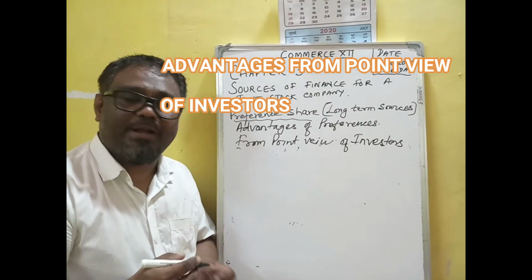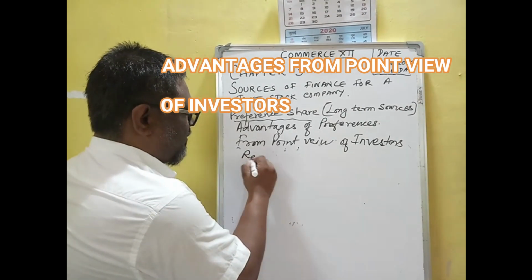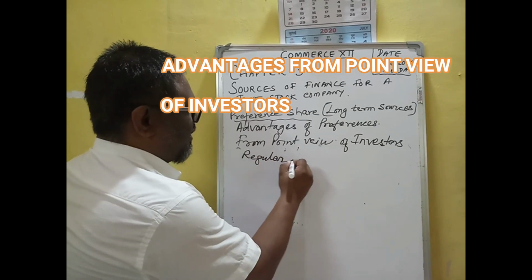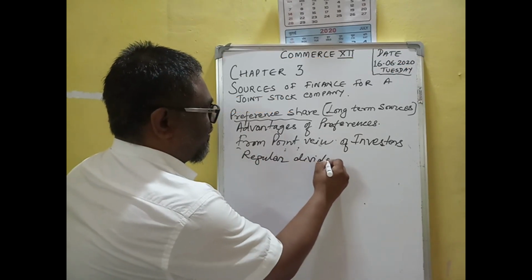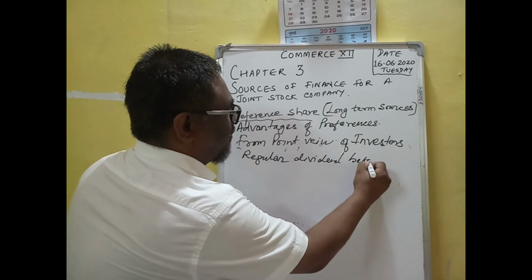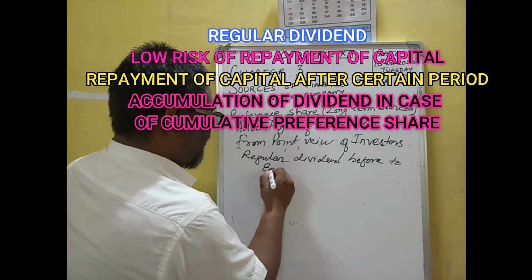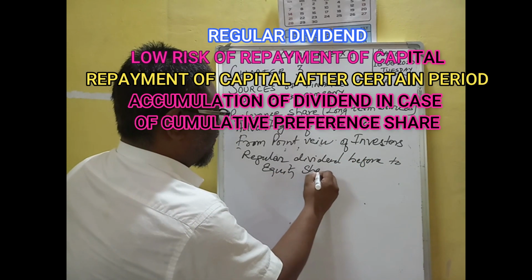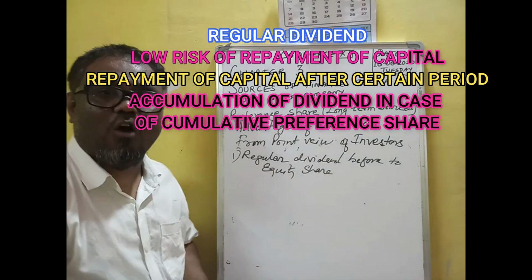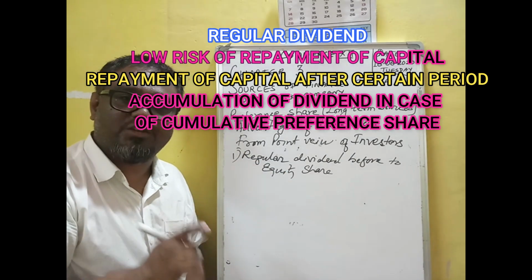Regular dividend, prior to equity share. This is the first advantage of preferential for the investors, for the preferential holder.